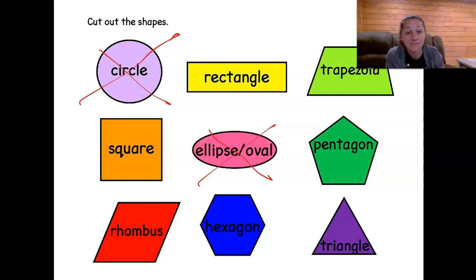Rhombus has 4 sides, and a rhombus is like a square that I smushed a little bit. Hexagon, he is a 6-sided shape. It's a lot of S's. And a triangle with 3 sides. Whew, that is a lot that you learned this week.